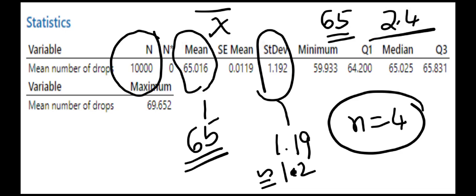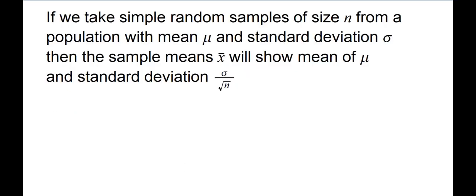So now we are going to write a working result that we shall take up in our next class. Here, if we take simple random samples of size n from a population that has a mean mu and a standard deviation sigma, then the sample means, which we denote by x bar, will also show a mean of mu, but the standard deviation will be lower.